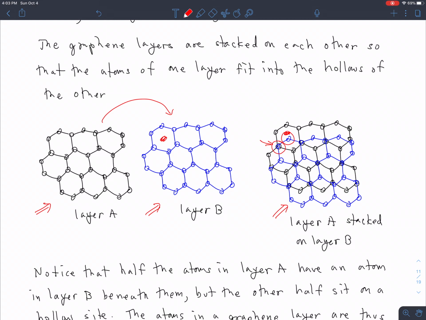And it turns out that for quantum mechanical reasons, what the STM mostly sees are just the atoms that have another atom below them. And that means that there's a very strong tendency in almost all STM images of graphite. You see only half the atoms. You don't see these hollow site atoms on layer A.